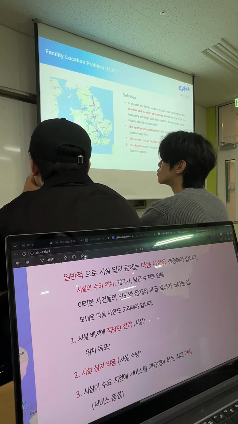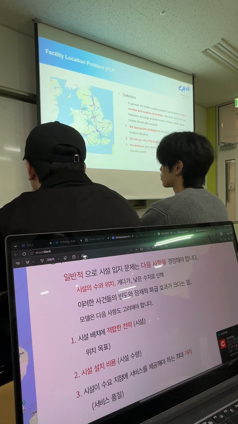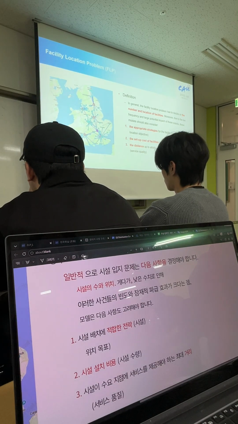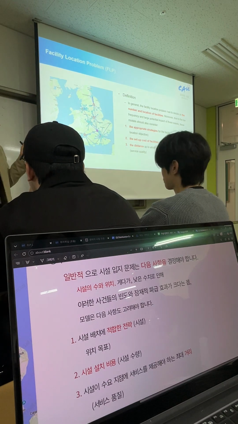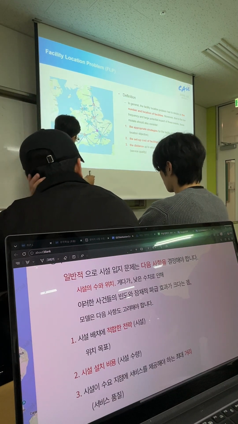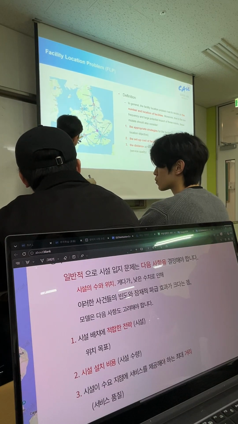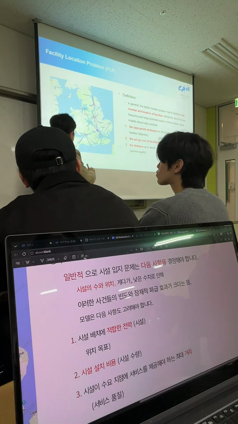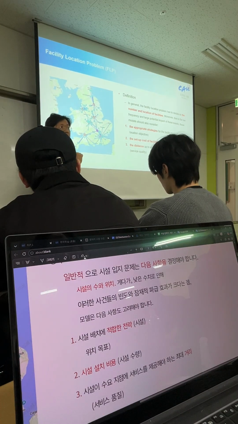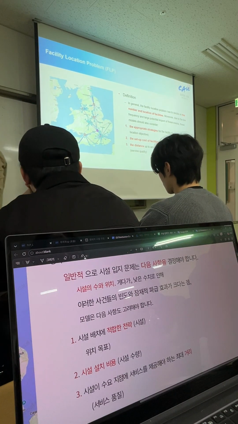And then the objective function. The objective function is what you want to achieve. Are you going to reduce the distance between the center and the customer? That means the average distance from the center to the demand. So that could be one of the objective functions.